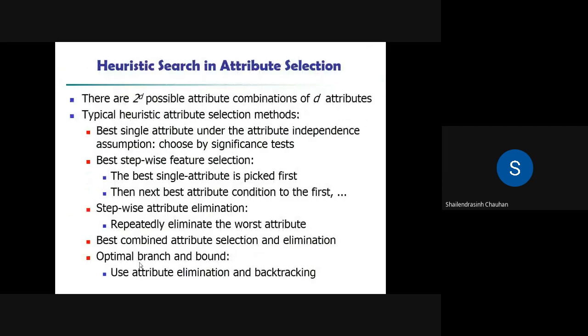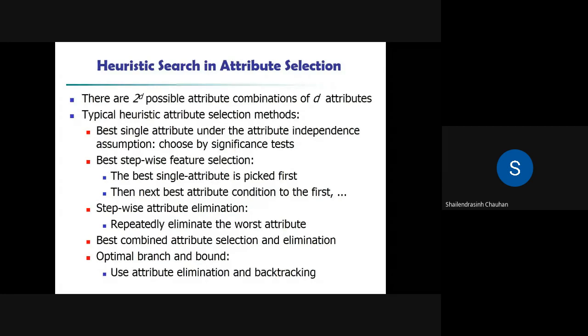Now, heuristic search and attribute selection. Here, there are 2 raised to D possible attribute combinations if you have D attributes in your data set.